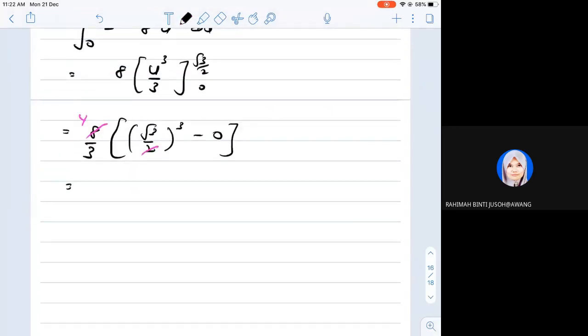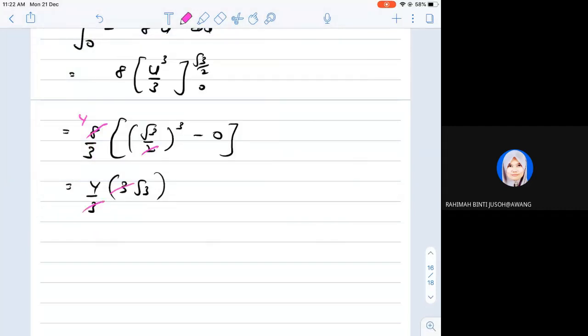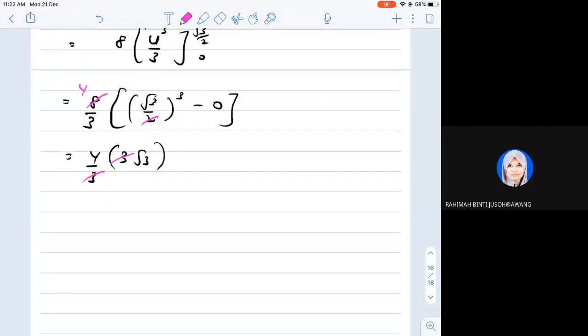So we will have 4 over 3 square root 3 cubed. So 3 square root 3 like this. And then we can cancel this, isn't it? So we will have 4 square root 3.